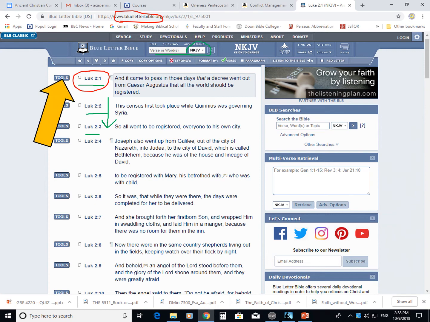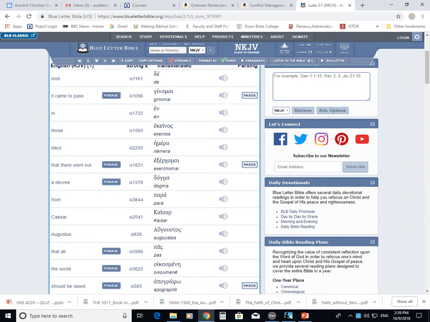Next we click here, it says tools, and it takes us to the next page, and here we can see the entire verse is listed from top to bottom until we come to the word that we were looking for. And immediately here we can find the word world.